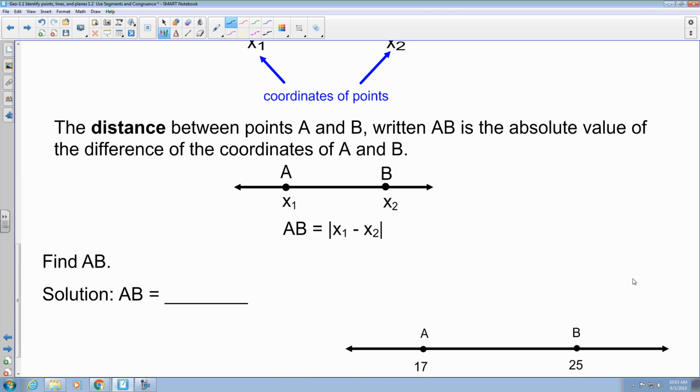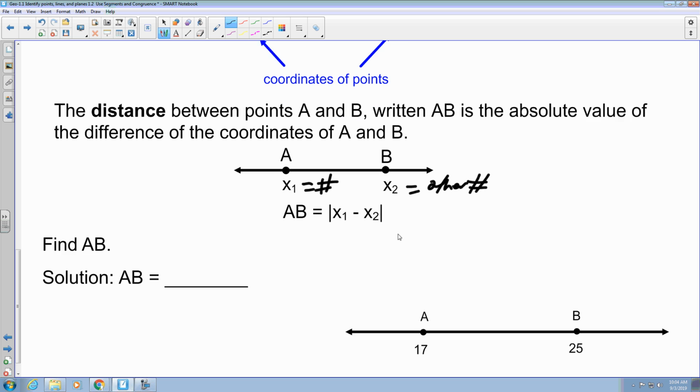Coinciding with that, we can say that the distance between points A and B is written as the absolute value of the difference of the coordinates of A and B. So if this is going to be some number, and it's going to be equal to some other number, we can say that it's the absolute value of the difference of x1 minus x2.